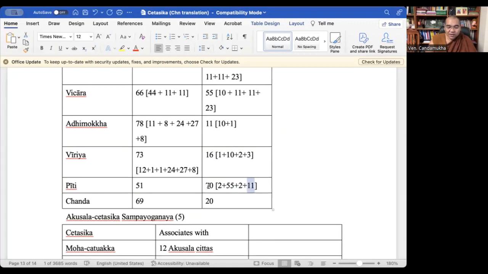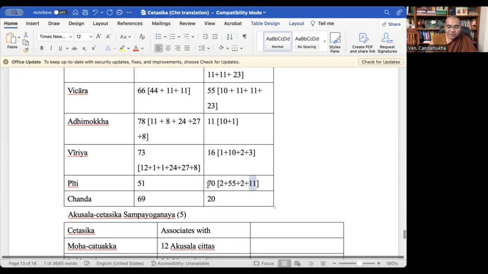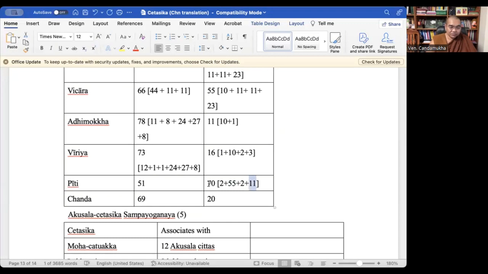So altogether, among the 121 consciousness, 70 consciousness do not associate with PD. Also, we can say another way, PD associates with the remaining 51.